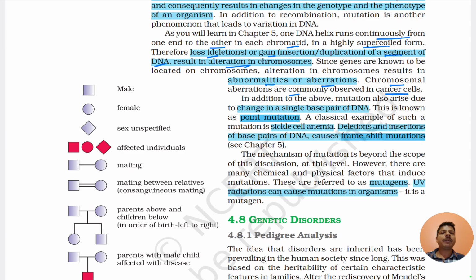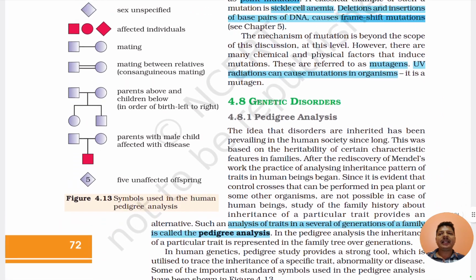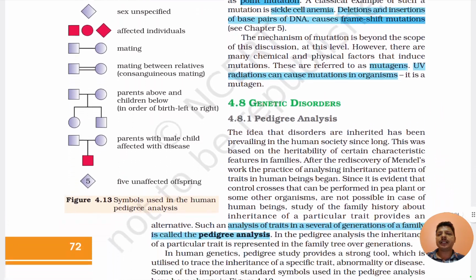In addition to the above, mutations also arise due to change in a single base pair of DNA. It is called point mutation. Example, sickle cell anemia. And deletion or insertion of base pair of DNA is called frame shift mutation. We will see it in chapter 5, the next chapter. And coming to mutagens, UV radiation causes mutations in organisms. It is a mutagen. Pedigree analysis: here you can see symbols.